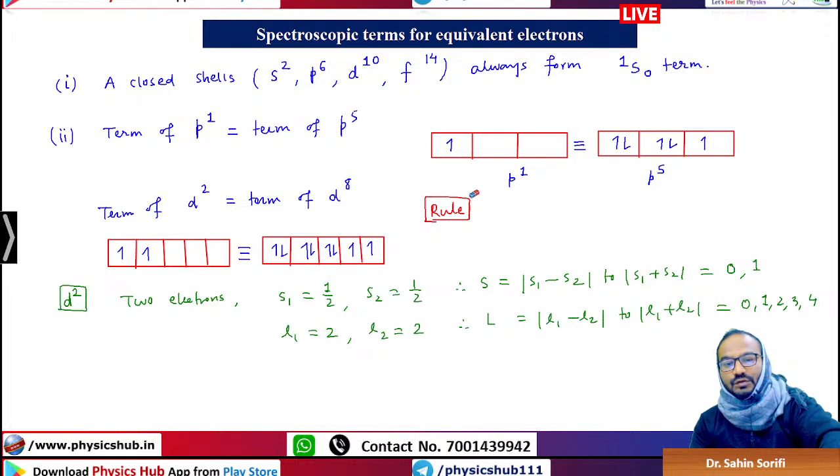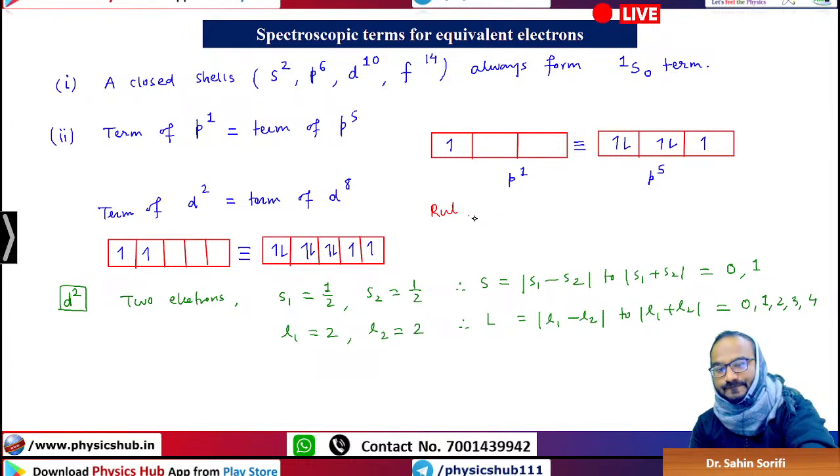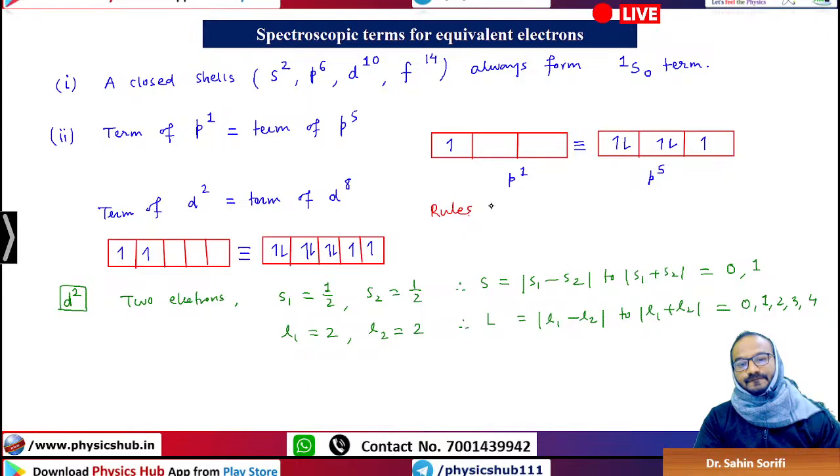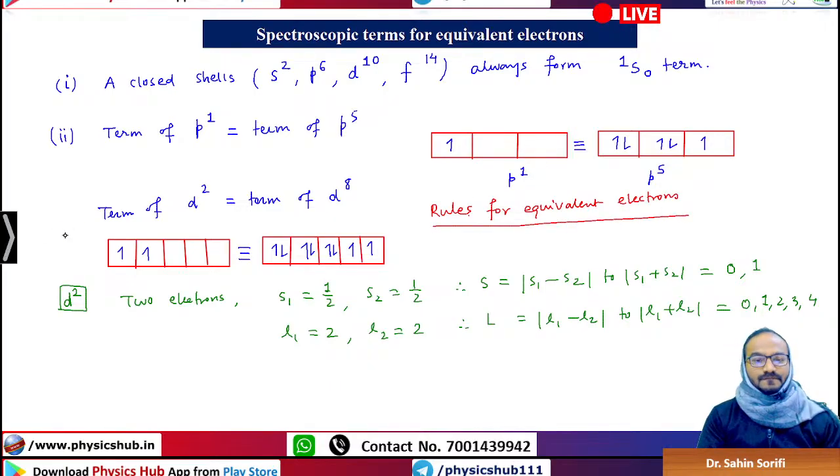Rule number 1: even S will combine with even L, and vice versa.